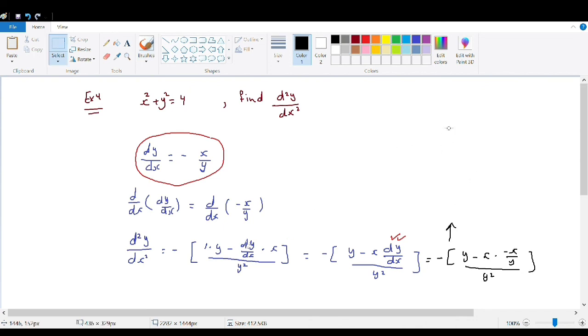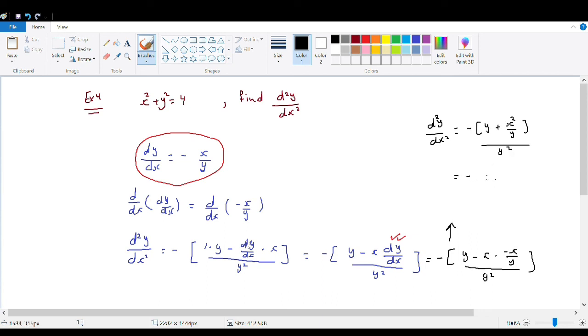Writing this up, we get that d squared y over dx squared is equal to minus, and here we have y, minus with minus will be plus x squared over y, all over y squared.